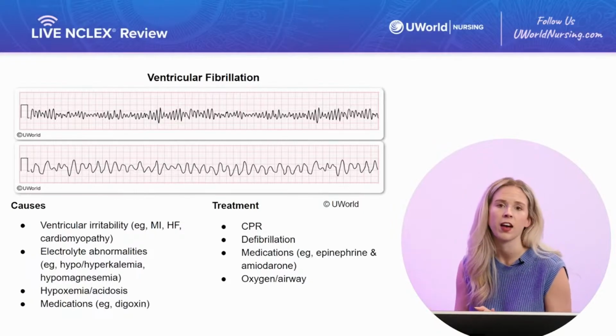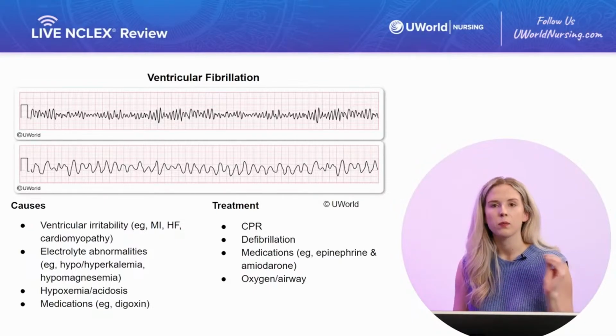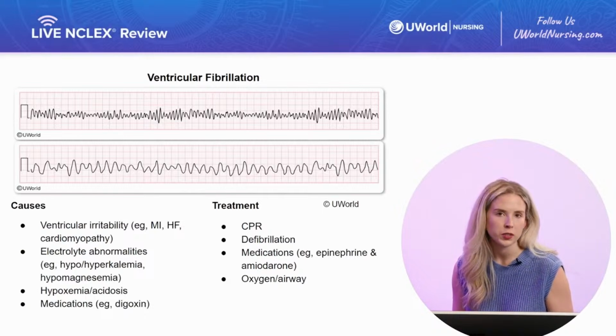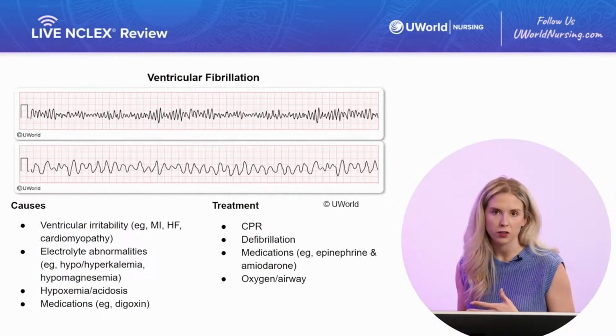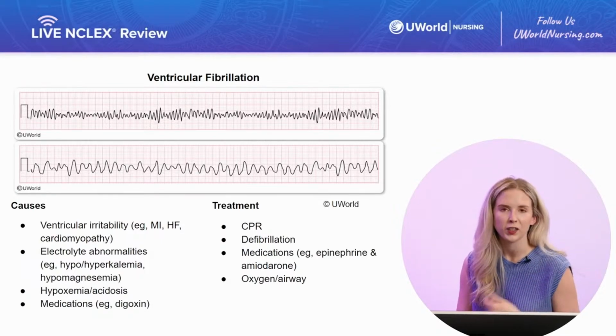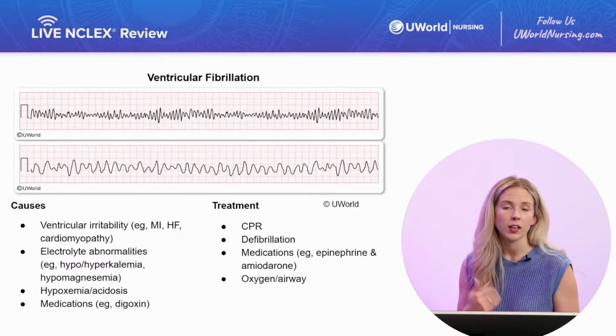Our causes of VFib. These are going to be a lot of the same ideas as VTach. Think about abnormal electrical pathways in the ventricle, and this can happen from structural damage to the heart or lack of oxygen to the heart muscle. So think MI, coronary artery disease, and cardiomyopathy. Again, we can also see this from electrolyte imbalances.